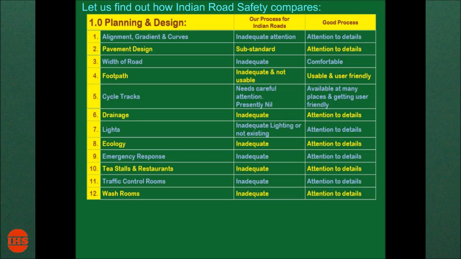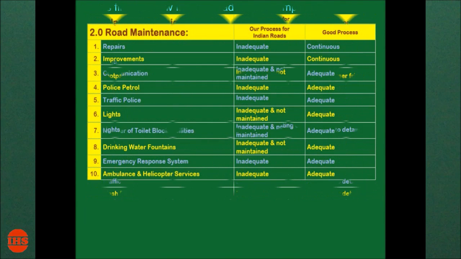Attention to details in good process. Tea stalls and restaurants, inadequate. In good process is attention to details. Traffic control rooms are inadequate. In good process, attention to details. Washrooms are inadequate. Attention to details is given in good process.